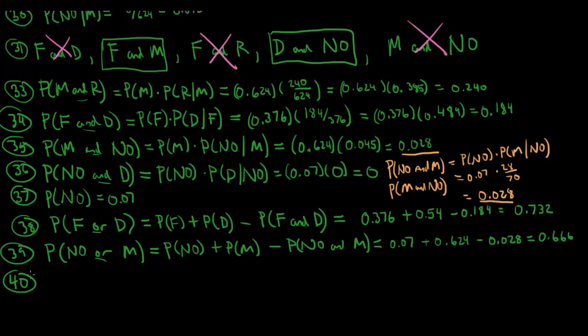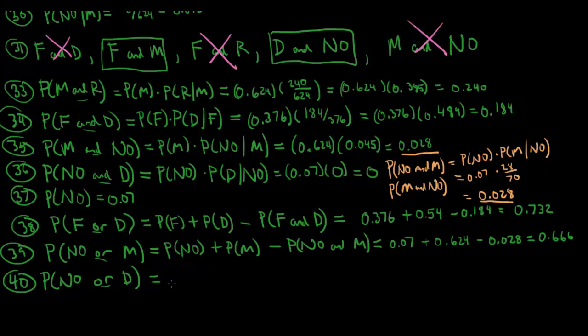Number 40 says, the probability that the randomly selected participant is of no opinion or favors democratic policy. So the probability of no opinion or democratic policy. Now, you remember a few moments ago we were calculating the formula for a union of probabilities, where you add the two marginal probabilities and then subtract off the intersection, the joint probability.